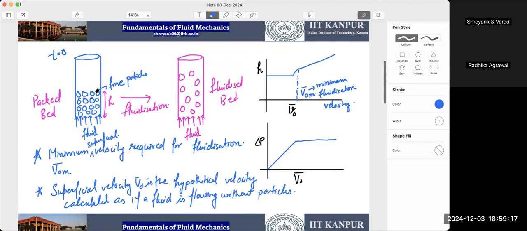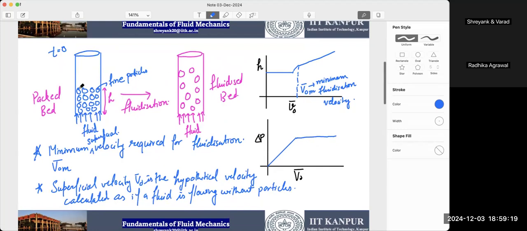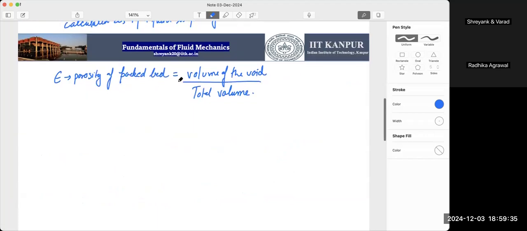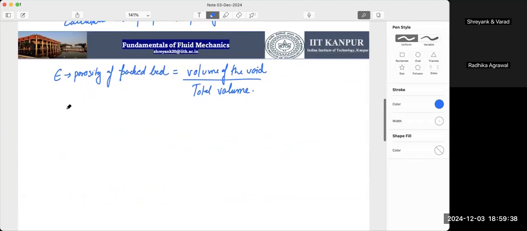So in a packed bed there are voids. So this is the total volume. If you remove the volume of the particles, then you will get the volume of the void. Okay. So at incipient fluidization.